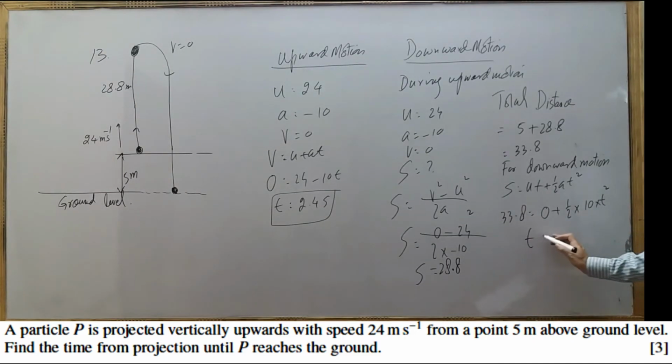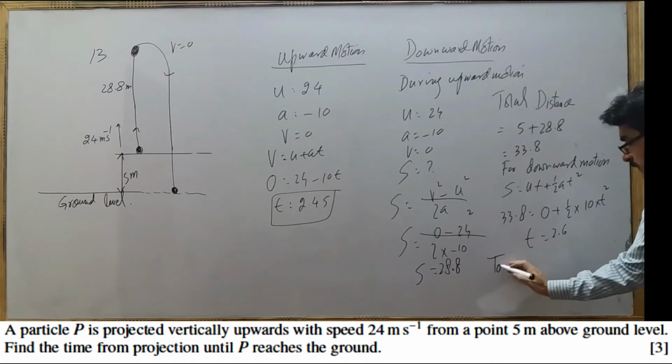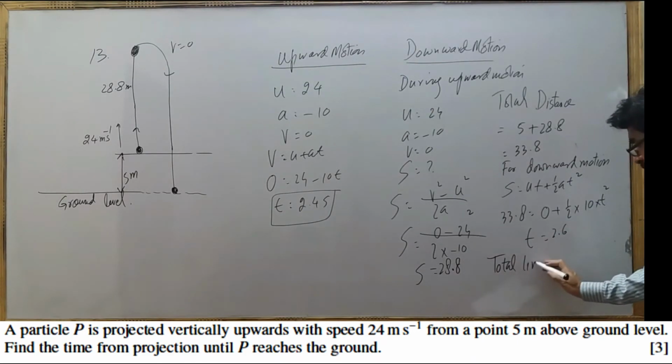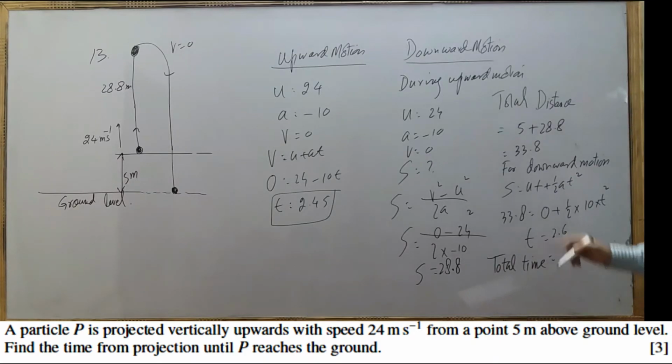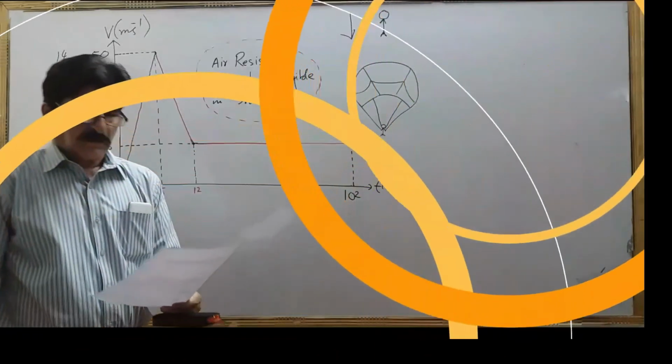Using a calculator, from here we will find the time to be 2.6. So total time will be equal to 2.4 seconds going up plus 2.6 seconds coming down. So this is equal to 5 seconds. This is the answer to this part.